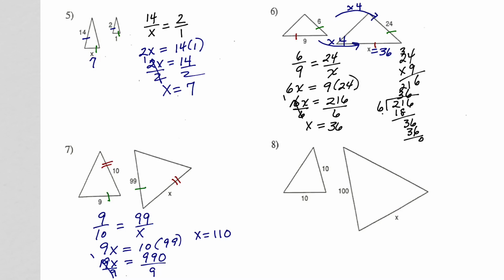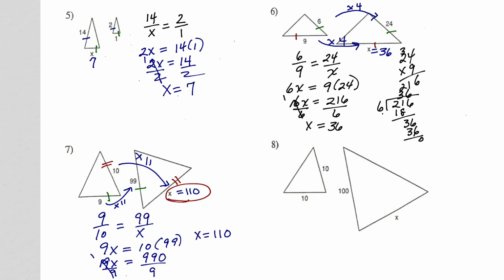Okay, let's see if that works. 9 times 11 is 99. 10 times 11 is 110. Yes, so my missing side is 110.